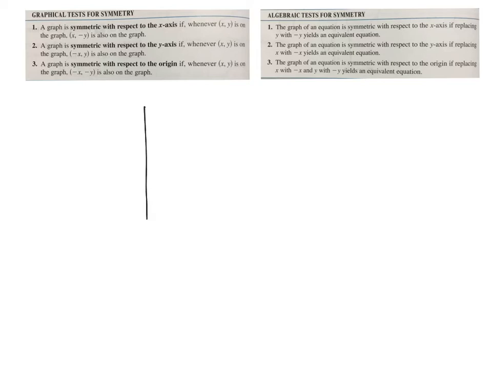So imagine that there's like a little knob right there in the origin, that if you have a point here and then you twist that knob 180 degrees so that this point rotates around 180 degrees, you would have another point there. Okay, so that's origin symmetry.